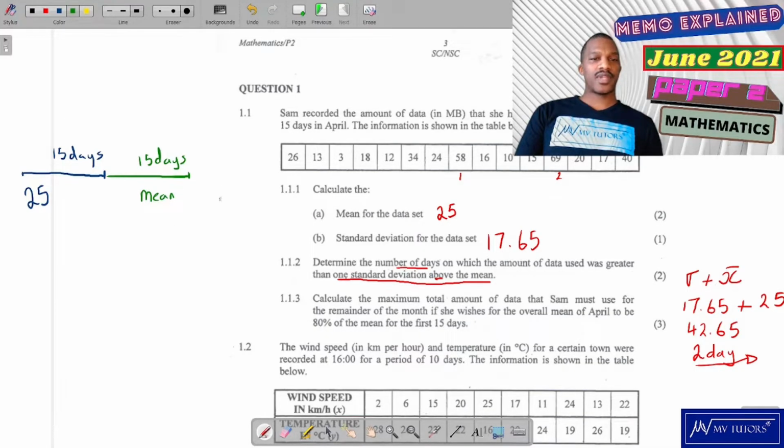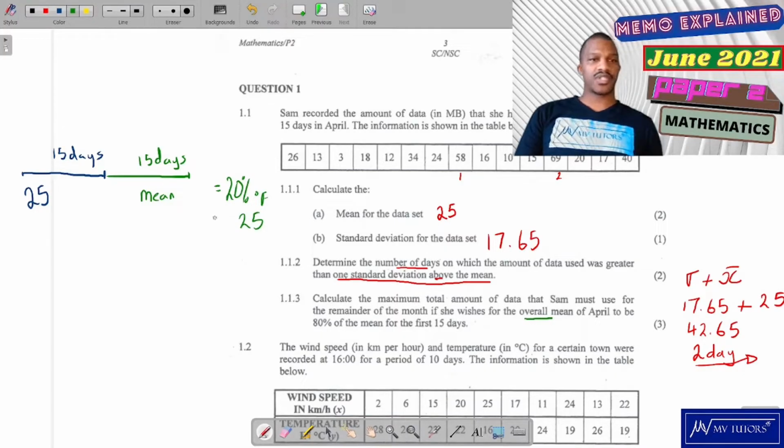And then what they are saying about this 80% is that the overall mean, when I add these two means, must equal 20% of 25.